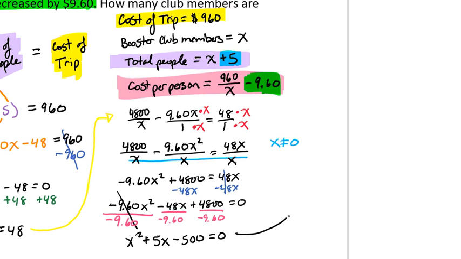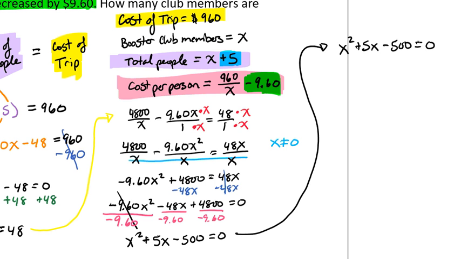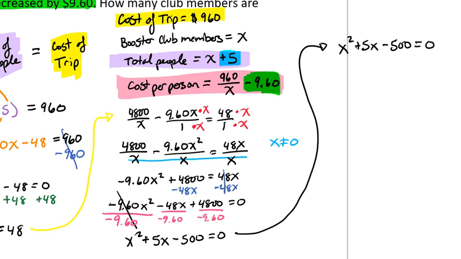Now this is something that we can factor. So we're looking for two numbers that will multiply to negative 500 but add to 5. If you can't think of the factors, you could have always done completing the square or using the quadratic formula.